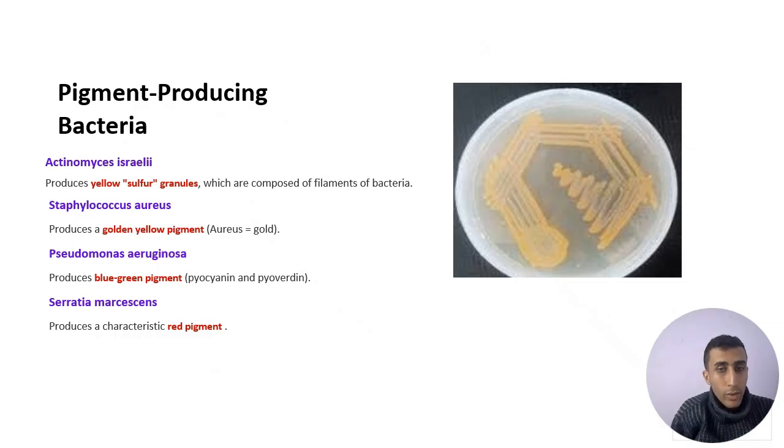And we are going to talk about pigment producing bacteria. You have to memorize this stuff. Actinomyces israelii produces yellow sulfur granules, which are composed of the filaments of the bacteria. And Staphylococcus aureus is associated with golden yellow pigment.